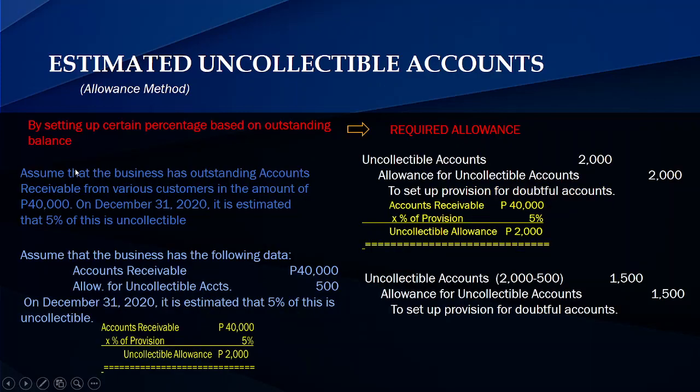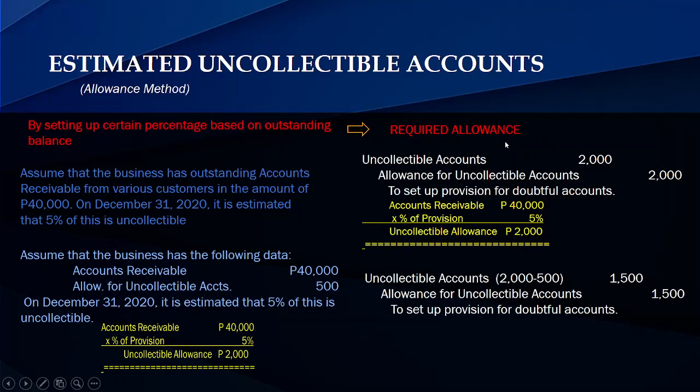Let us continue. Okay, let us have this illustration. Anyway, we'll be using the allowance method here. Assume that the business has outstanding accounts receivable from various customers in the amount of 40,000. And on December 31, 2020, it is estimated that 5% of this is uncollectible. Please take note that when using a certain percentage based on outstanding balance, or based on accounts receivable, whatever is computed here will represent our required balance.